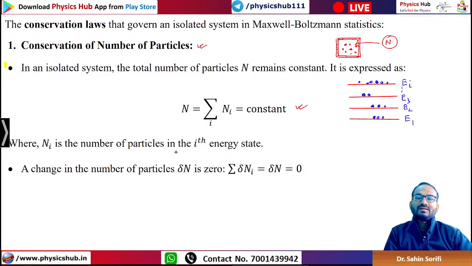So Ni is the number of particles in the ith energy state, and if you make a sum, you will get the total number of particles, which is constant because it is enclosed in an isolated system. A change in the number of particles, delta Ni, obviously there is no change in particle number, so delta Ni, which equals delta N, equals 0. Delta Ni is the change in the particle number in a particular energy level, and if you take the sum, you get it to be 0.